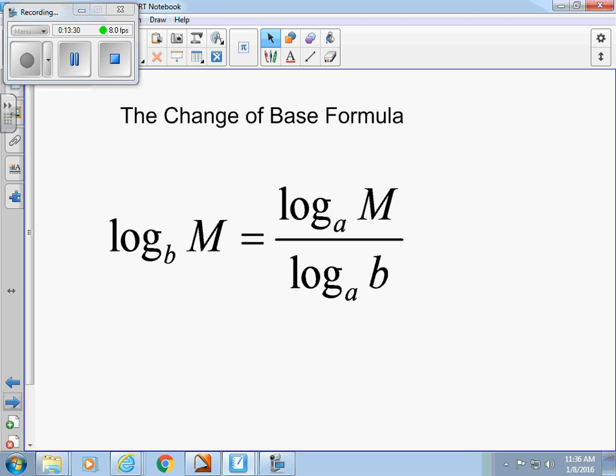Y'all all know where the alpha window number 5 is. That button made this formula almost useless. Before 4 years ago, that button did not exist. So the only 2 buttons you had on your calculator were natural log and log base 10.